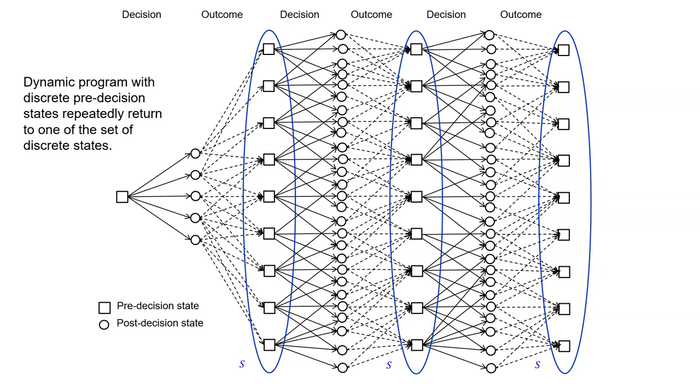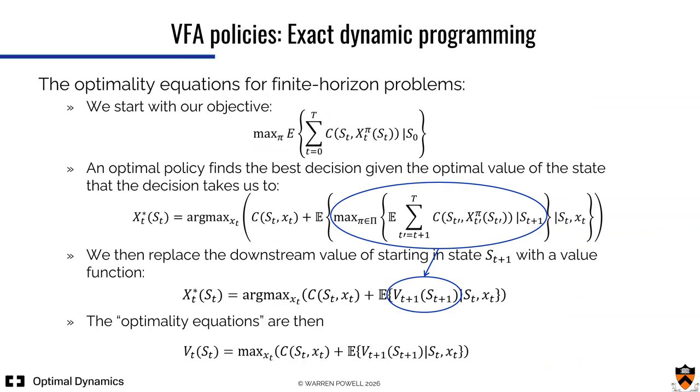Once again, make any type of decision, observe any type of information, but if you have discrete states, the system always comes back to one of those discrete states, and that's what prevents the explosion. So just by making that assumption of discrete states, we no longer have that explosion, even for relatively large problems.